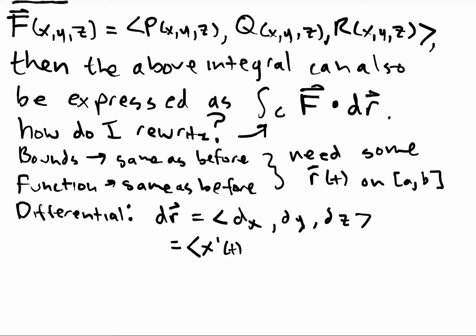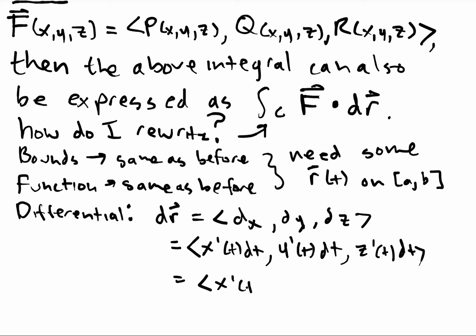So x prime of t dt, y prime of t dt, z prime of t dt. If you want to, we can simplify the way that we express this and not have to write dt so many times. I'm going to go ahead and just factor that thing out. We'll pull this out and write it on the outside of my vector here.